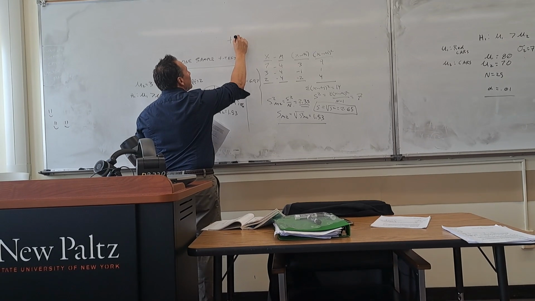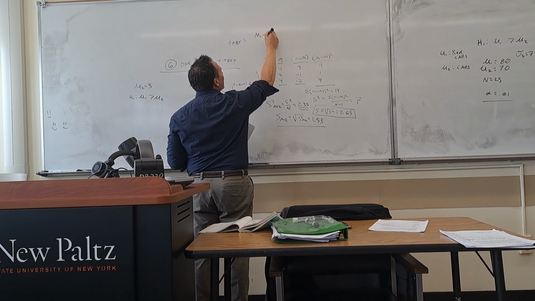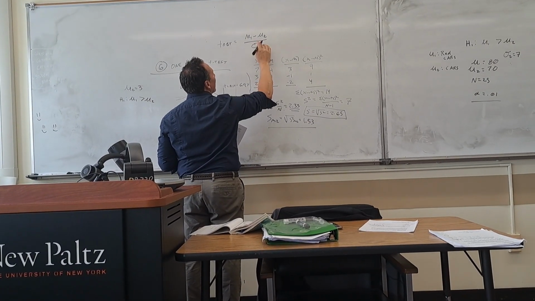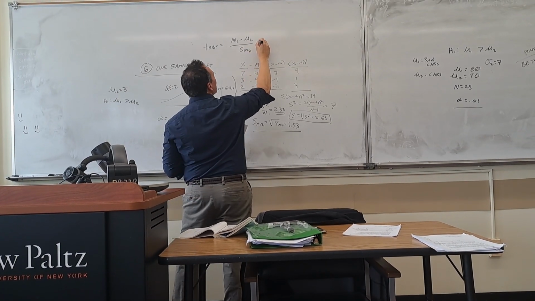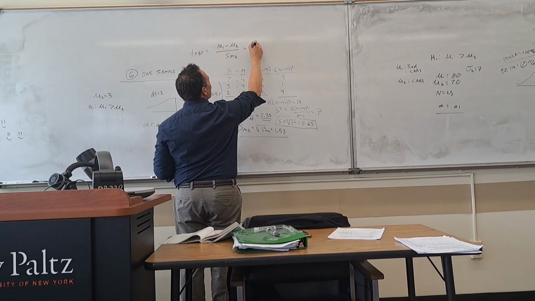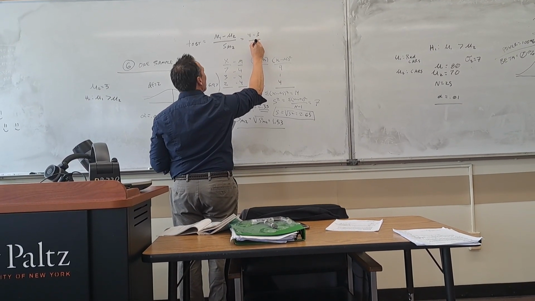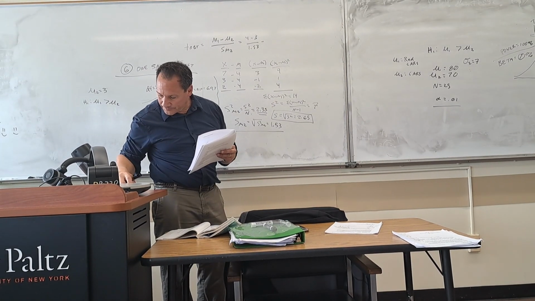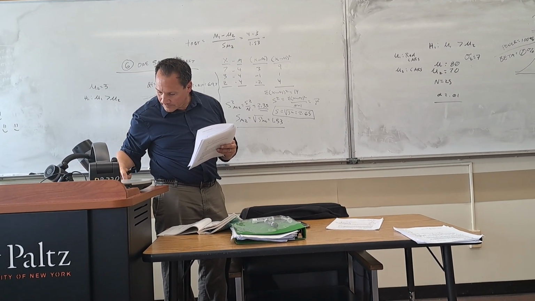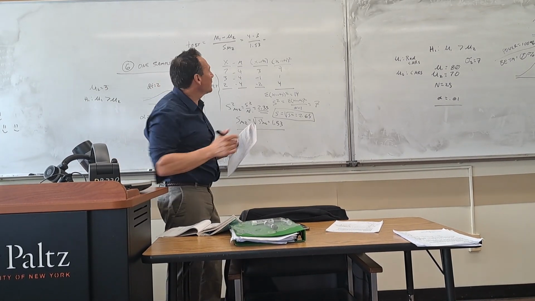T obtained equals M sub 1 minus mu sub 2 divided by S sub M sub 2, which equals 4 minus 3 over 1.53, which is 0.65.